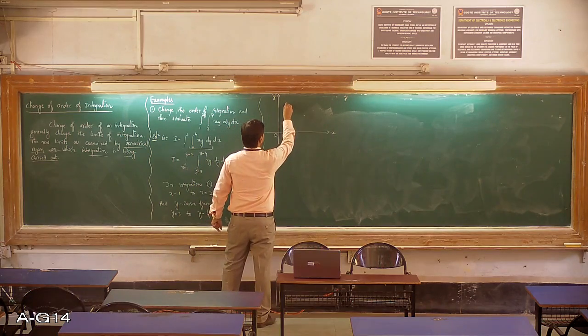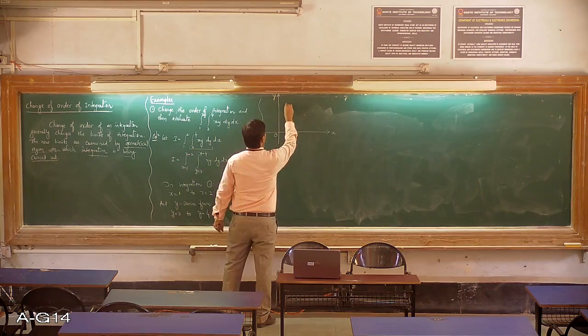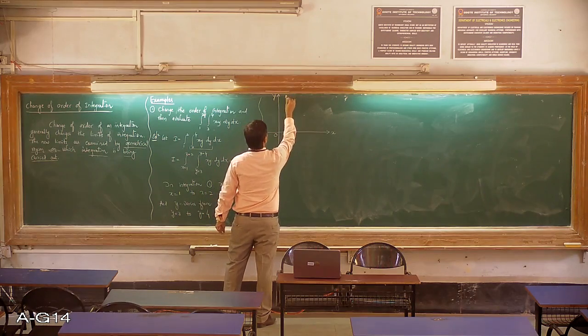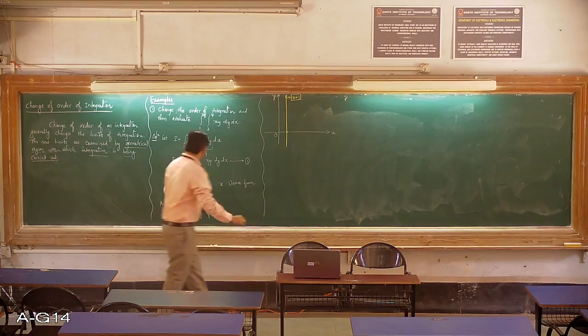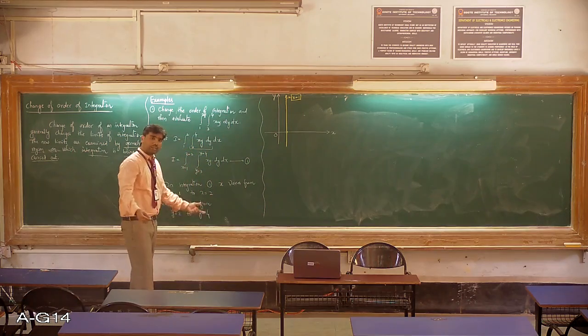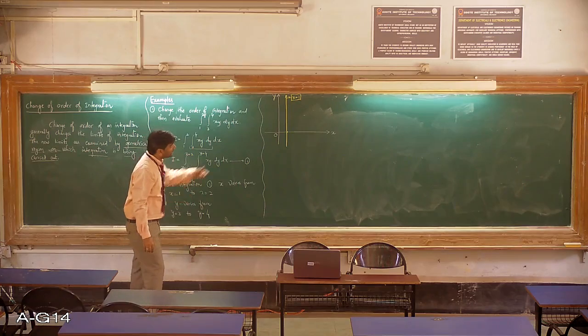So this line is x equals 1. Next is x equals 2, which is again a line parallel to the y axis but at x equals 2.